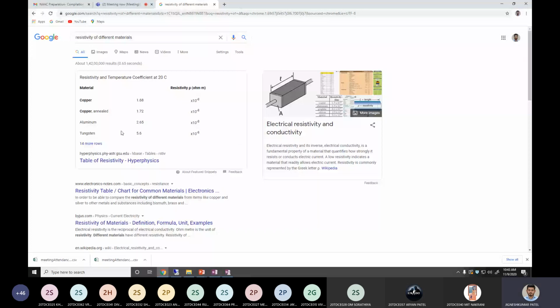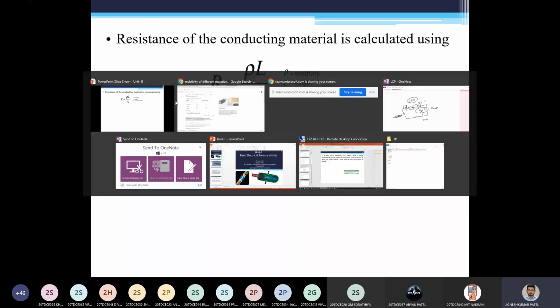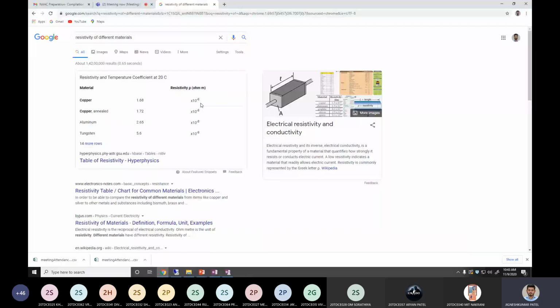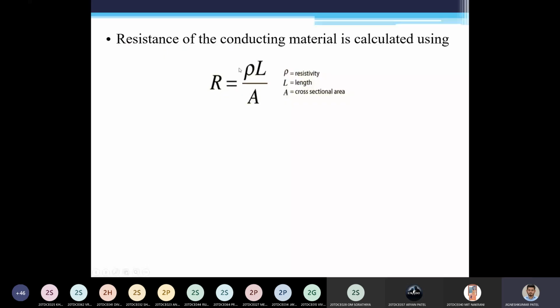This value is rho. If my rod is made of copper, the value of rho would be 1.68 into 10 to minus 8. If it is aluminum, the value of rho is 2.65 into 10 to minus 8. So this parameter is the resistivity, and it depends on which material I'm using.